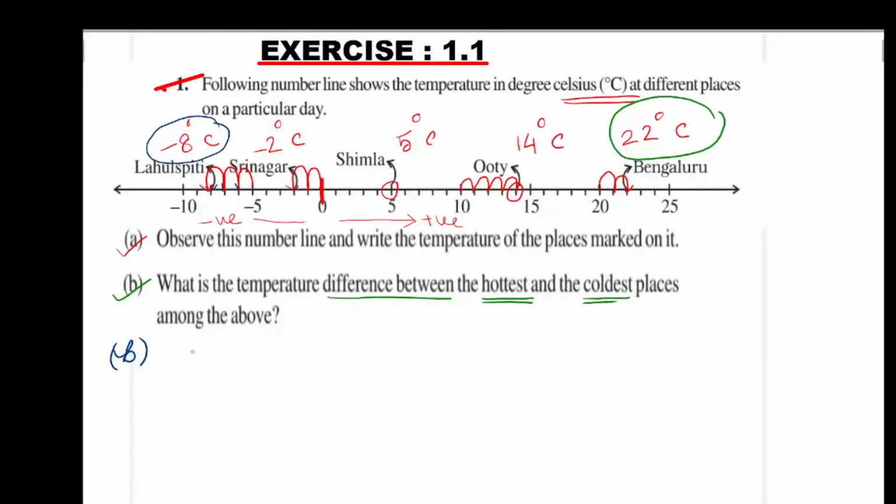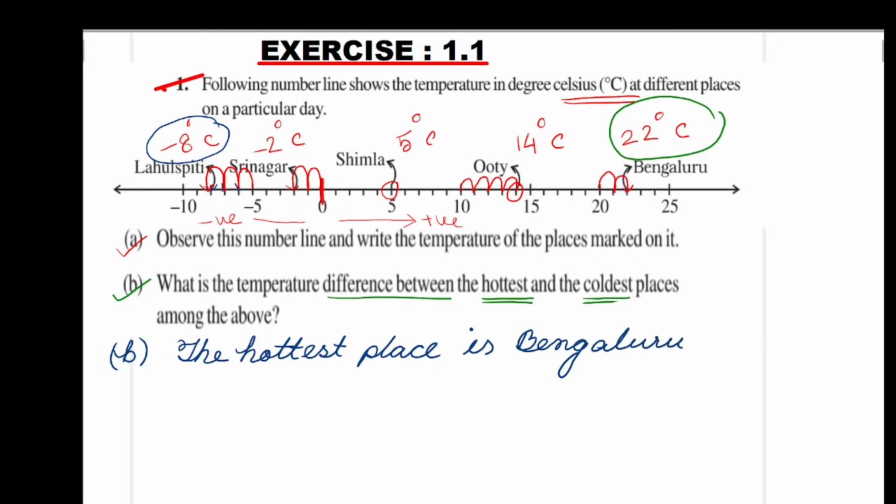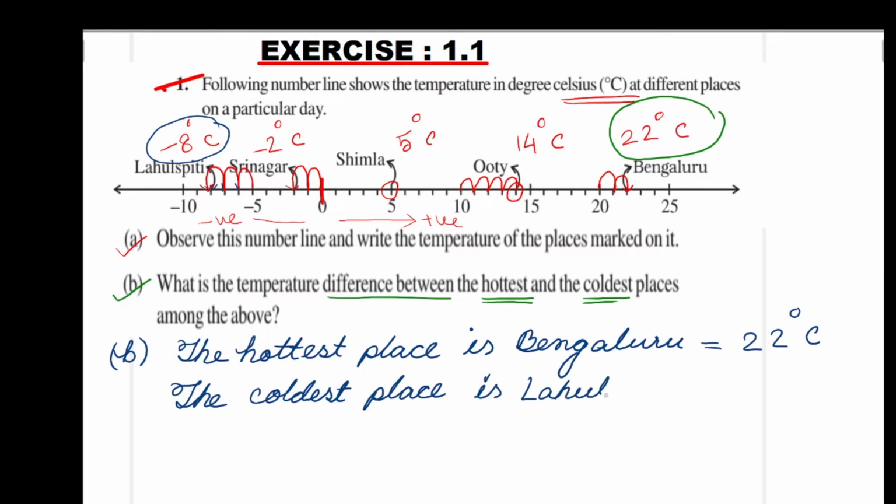The hottest place is Bengaluru, and the temperature is 22 degrees Celsius, and the coldest place is Lahul Spiti.